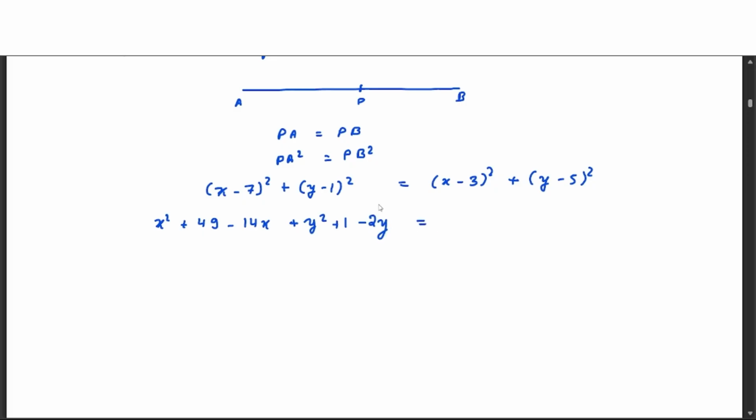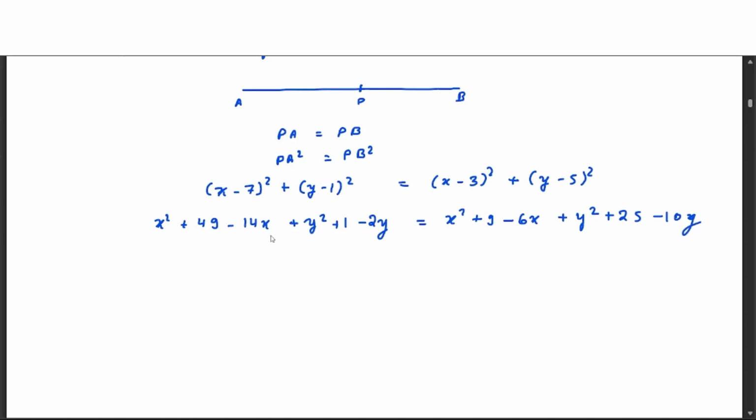And now I come to the right side, so you will get x square plus 9 minus 6x, and same with y square plus 25 minus 10y. Hope you got it.